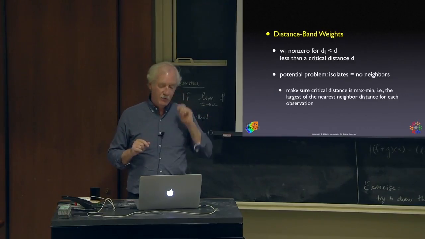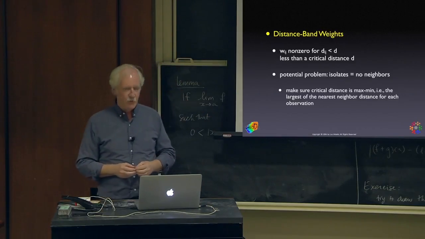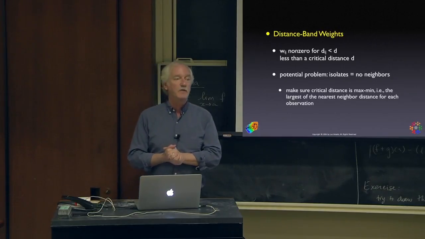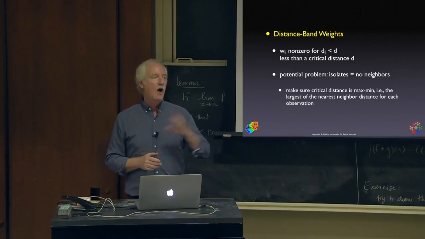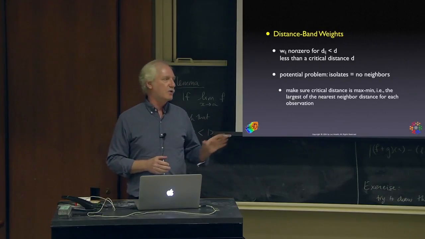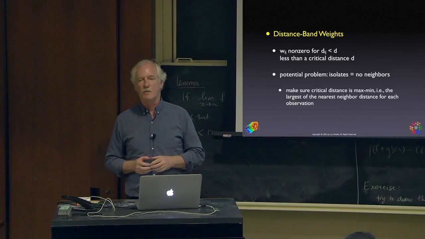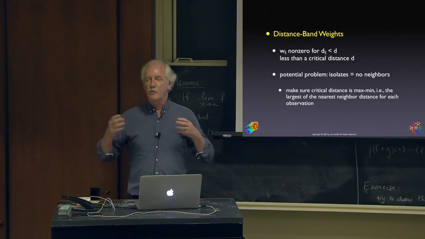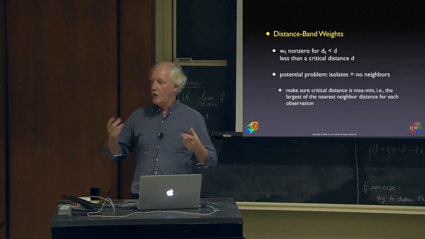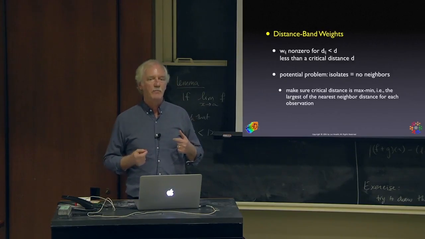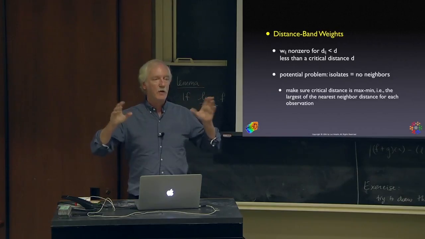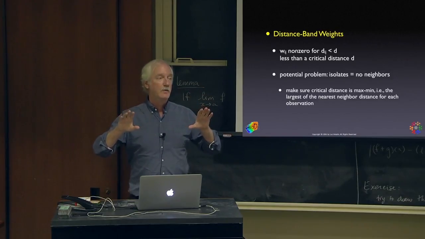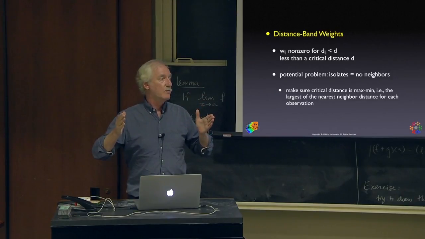For example, if you're familiar with the geography of U.S. counties, the counties west of the Mississippi are larger and sometimes much larger than the counties east of the Mississippi, right? So if you want to make sure that every county has at least one neighbor, you need to pick a distance that makes sure that the counties that are furthest apart, in other words, the largest, are included.